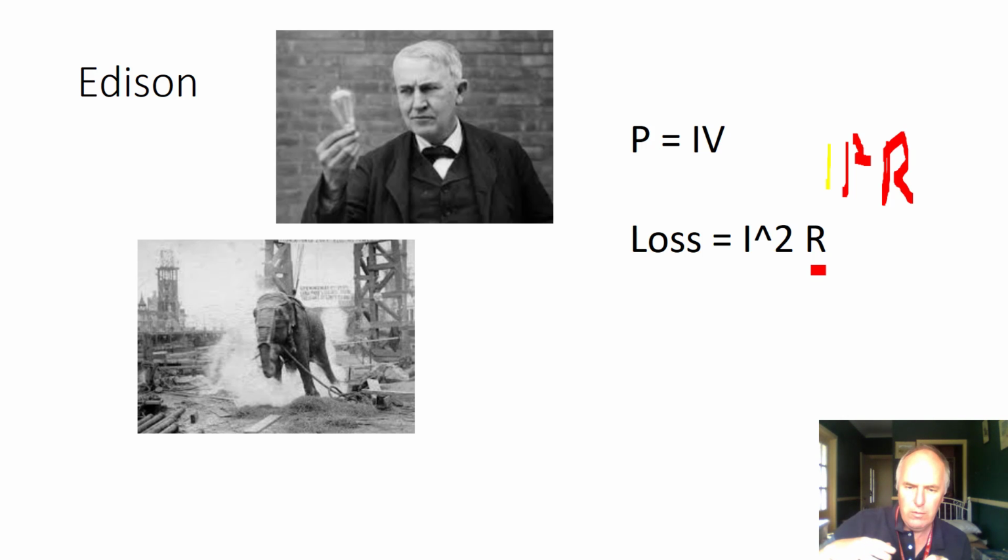So you can go from low voltage to high voltage. Therefore, by increasing the voltage and reducing the current here, you can actually reduce your loss by reducing this value here.